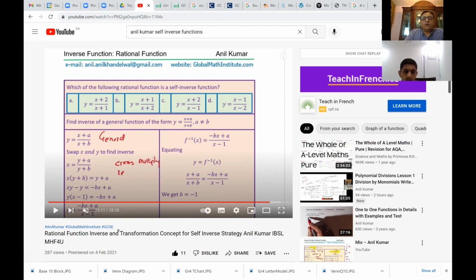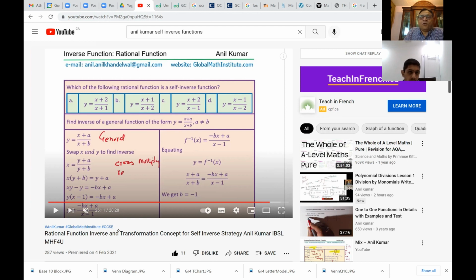So you get y equals f inverse of x. Now clearly, you want these two things to be the same. Self-inverse means the function should be the same as the inverse. So (x + a)/(x + b) should be equal to (−bx + a)/(x − 1), correct?